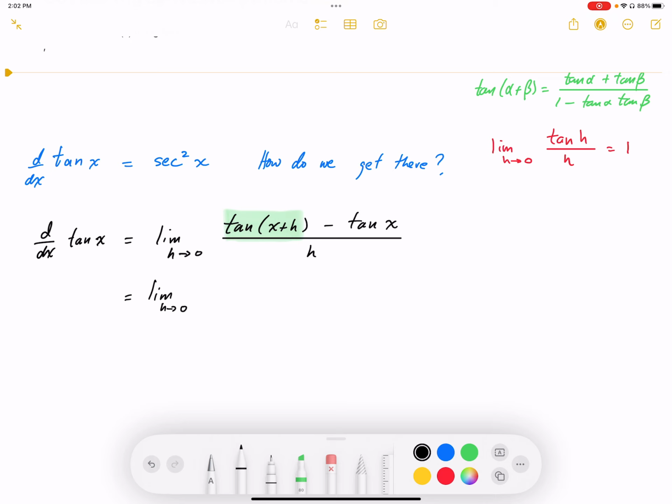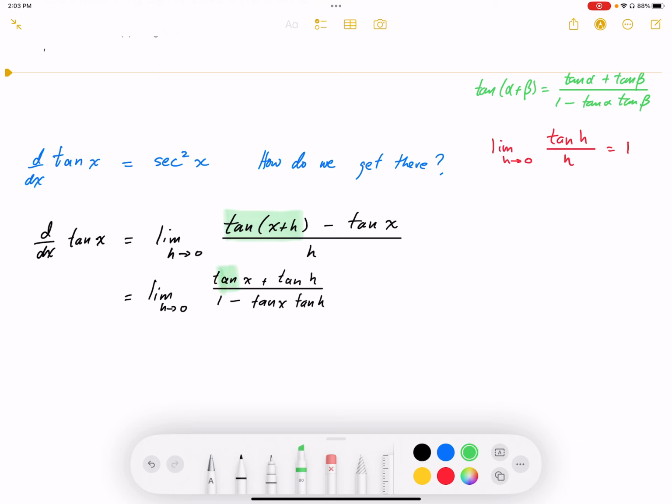So we're going to end up with tan of x plus tan of h. Okay, so that's going to be the alpha plus beta part of this. And then in the denominator it's going to be 1 minus tan x times tan of h.